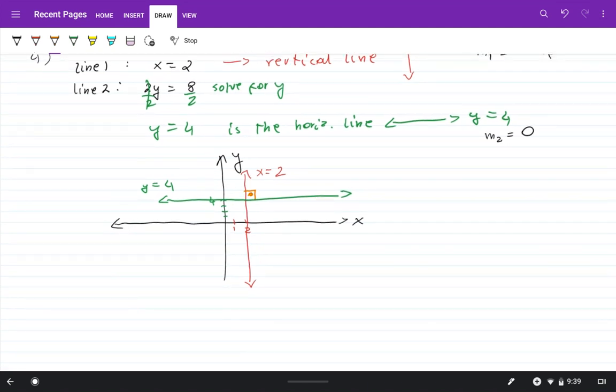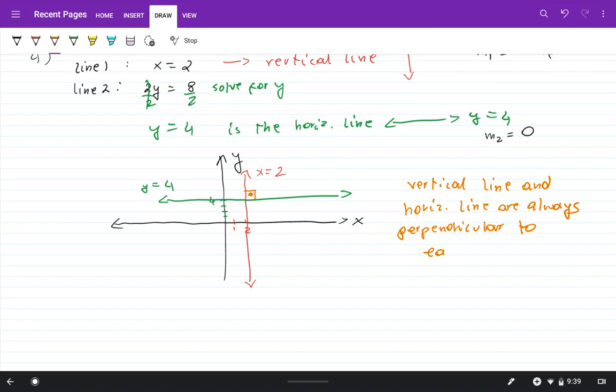But here from the graph, you see that a vertical and horizontal line is always perpendicular to each other.